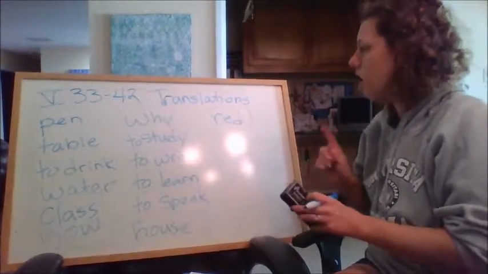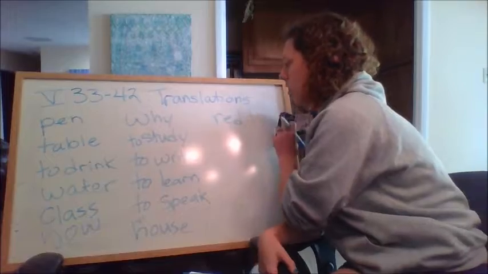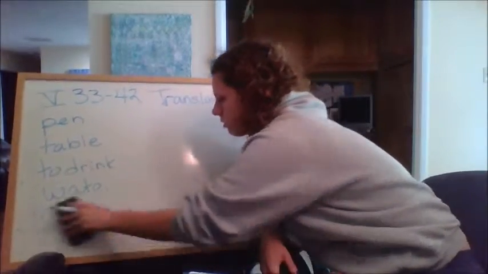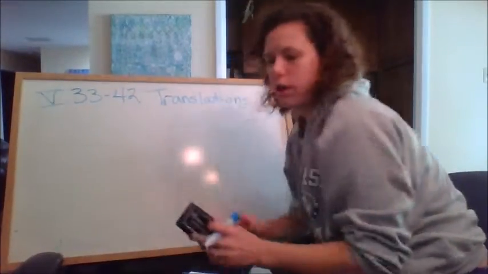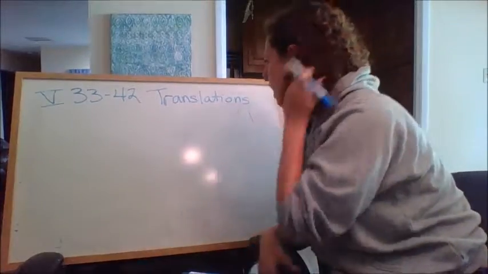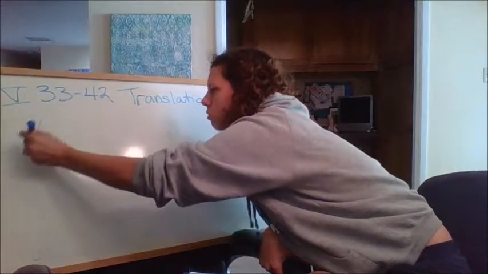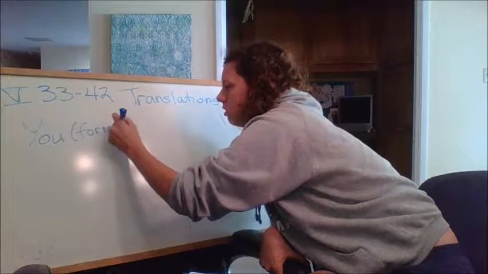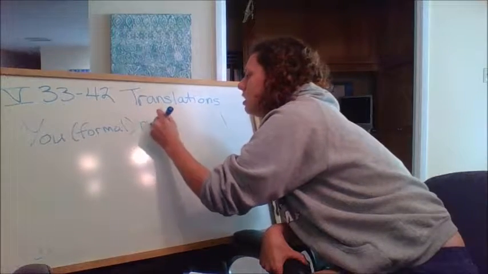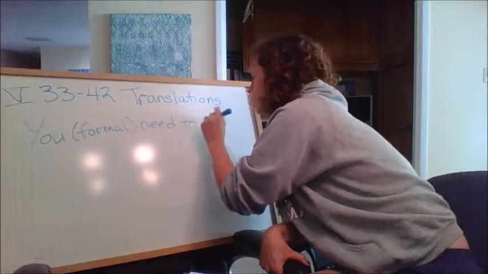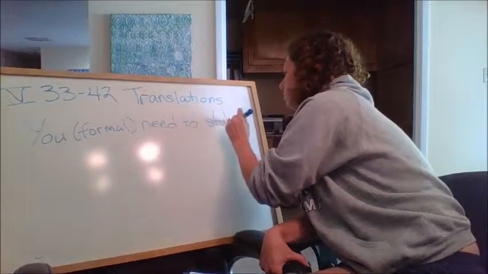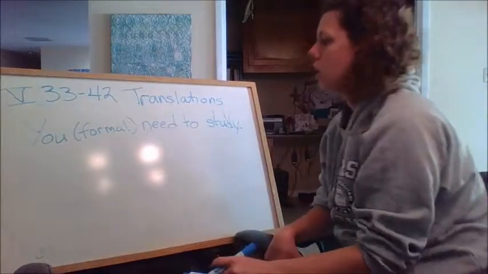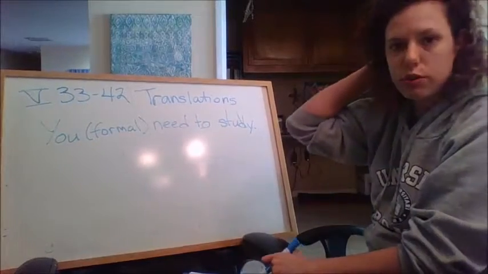The last thing, I do want to do one more example. If I said, you, formal, need to study. Now remember we said that there were two different forms of you.